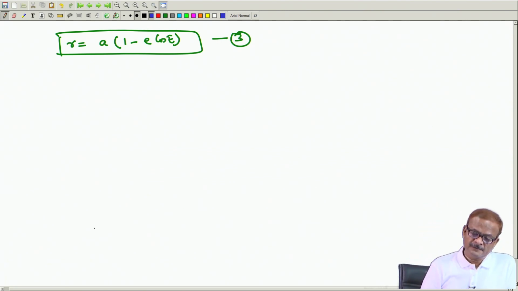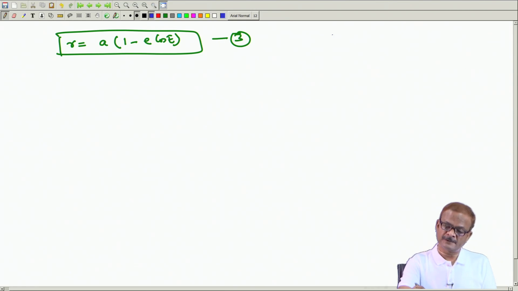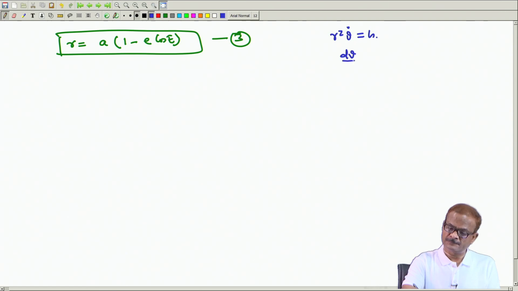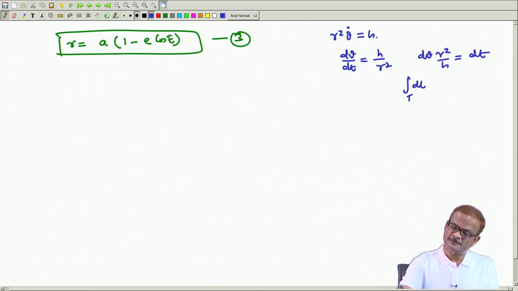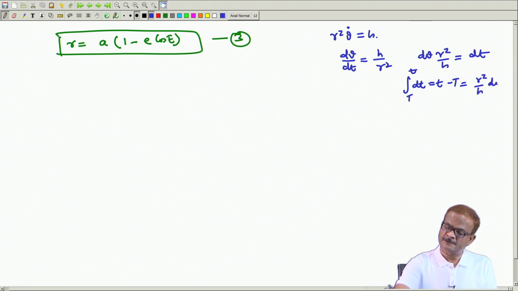Now we have to get the theta also. As I told you in the last lecture, while we were working with the equation r square theta dot equal to h, we then wrote d theta by dt equal to h by r square, and r square divided by h d theta equal to dt, and this we integrated to get t minus t naught equal to integral of r square divided by h d theta.